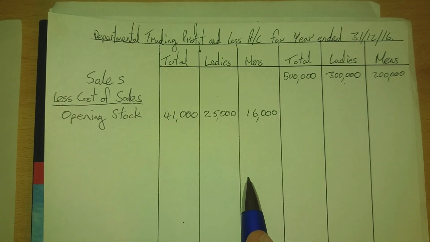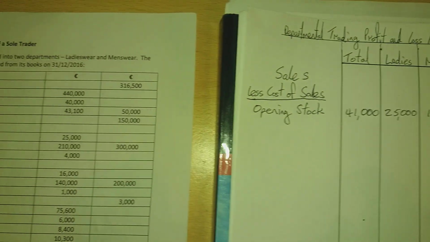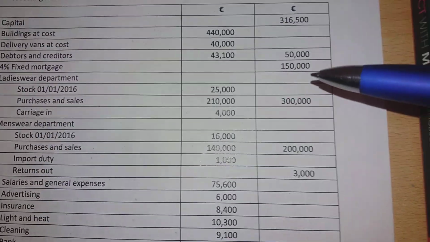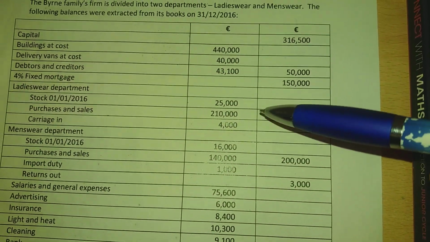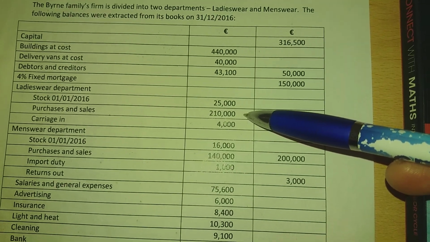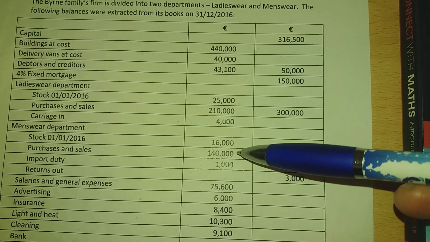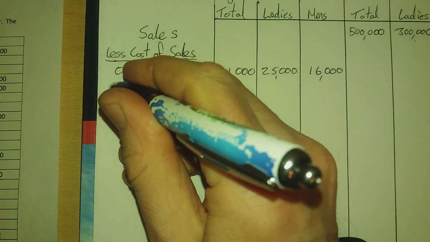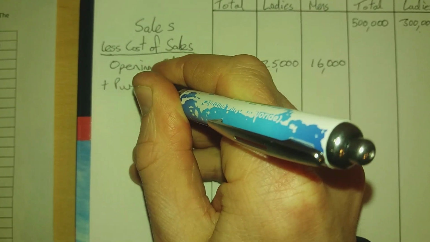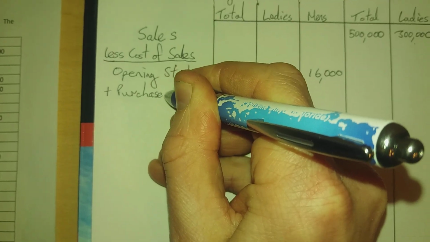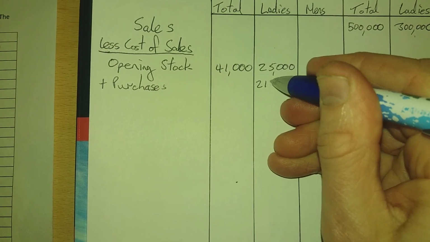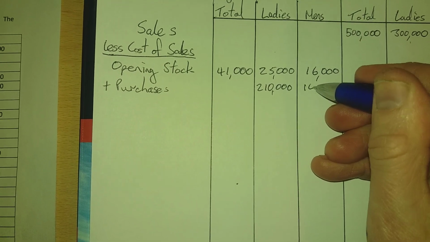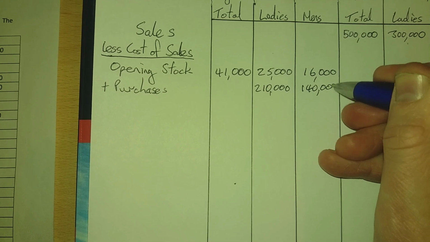Okay, so next thing is plus purchases. So let's have a look back here again. So we have, let's try and get this all in here. Purchases for the ladies' wear is 210, purchases for the men's wear is 140. So again, it would be plus purchases, ladies' wear 210, men's wear, what did I say it was, 140.